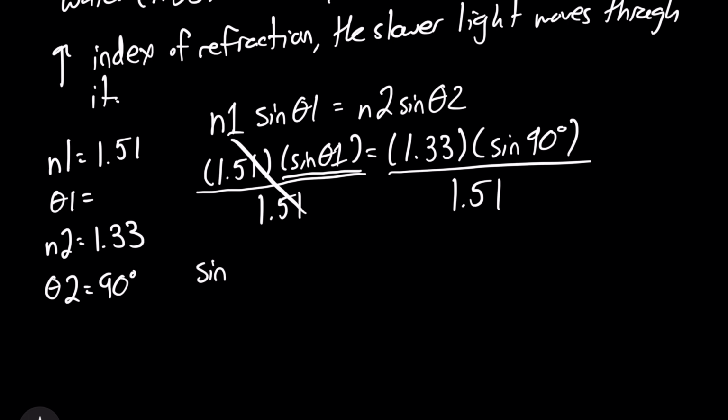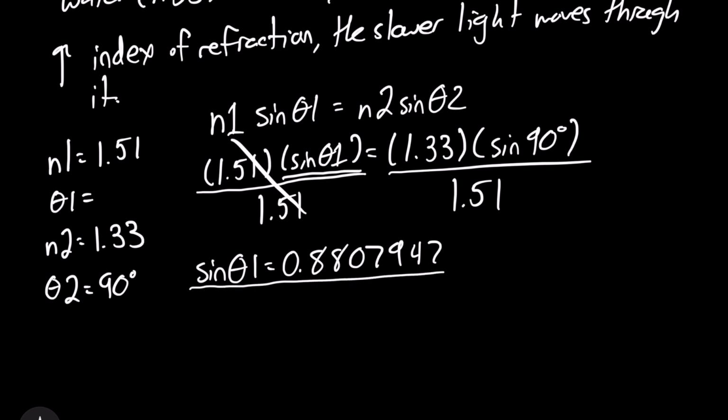So for sine theta 1, we have 1.33 multiplied by sine of 90, or 1, and that is divided by 1.51. We get a very small decimal number here, less than 1, 0.8807947.